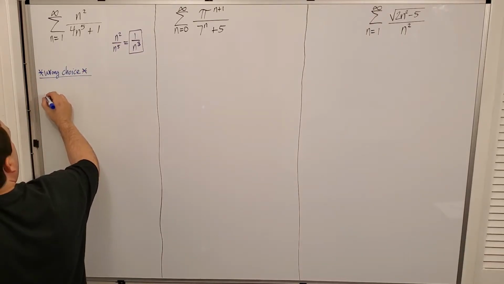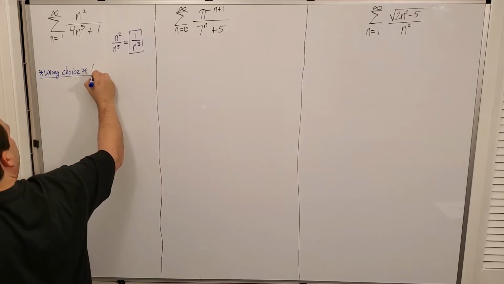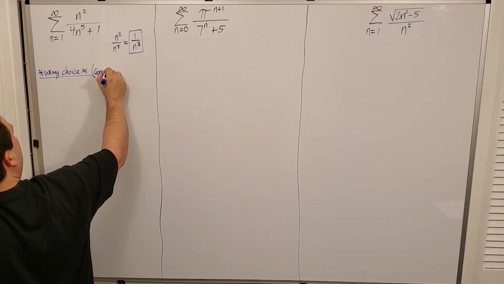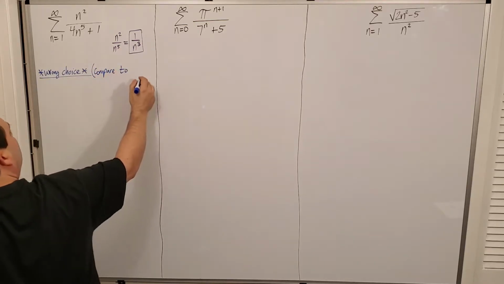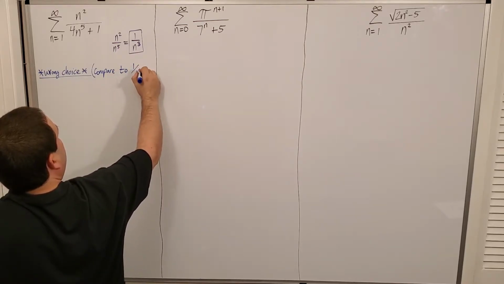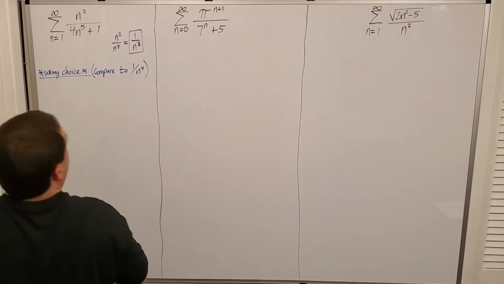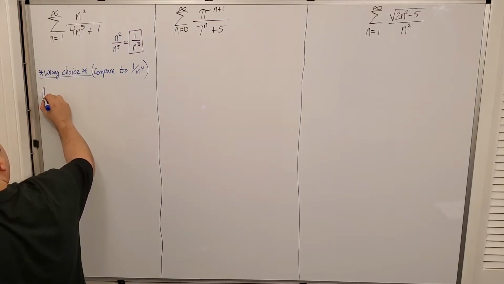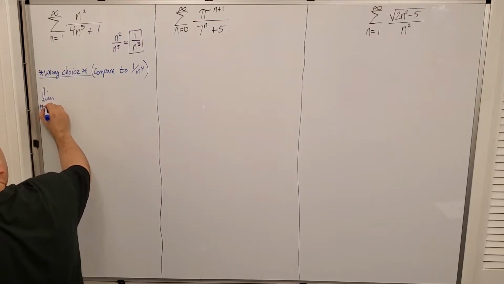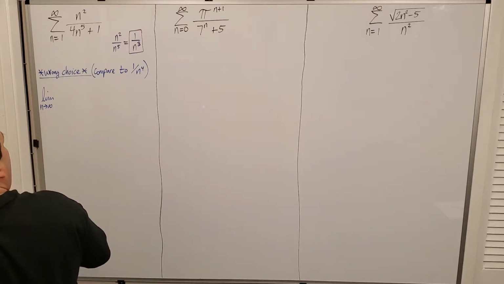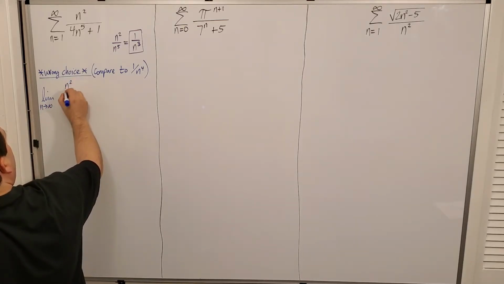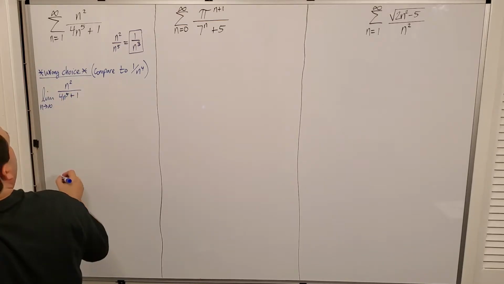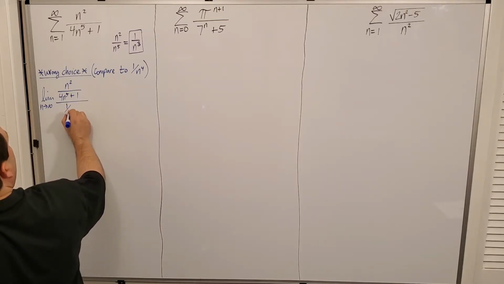I'm going to compare to 1 over n to the fourth. So then that means I'm going to be taking the limit as n goes to infinity of n squared over 4n to the fifth plus 1 divided by 1 over n to the fourth.